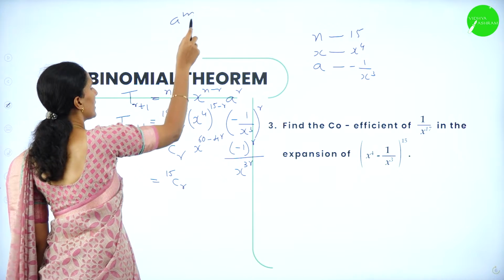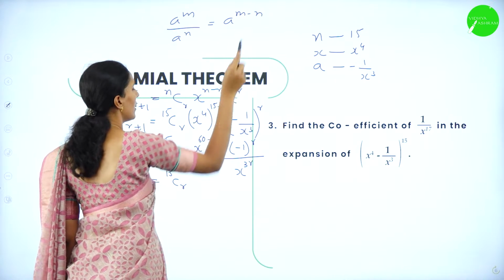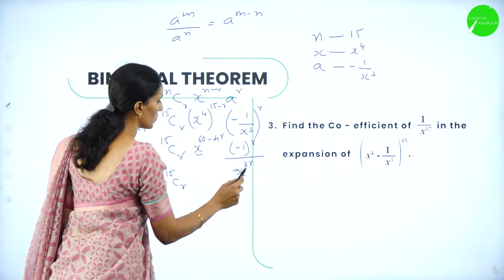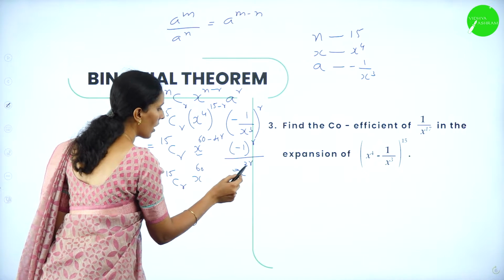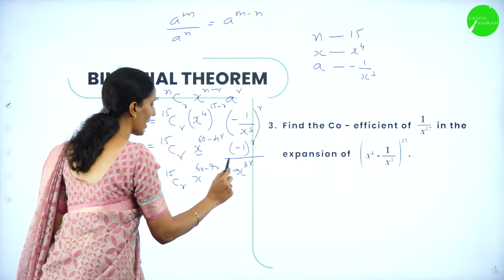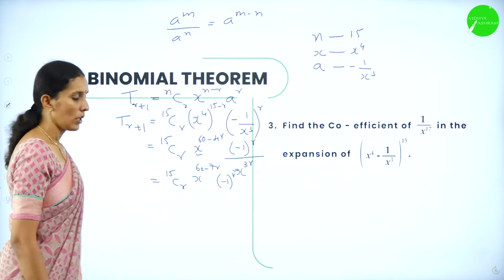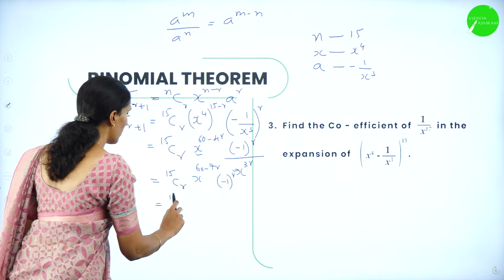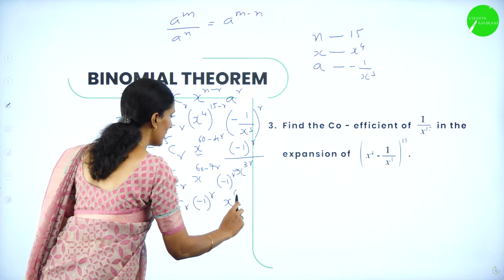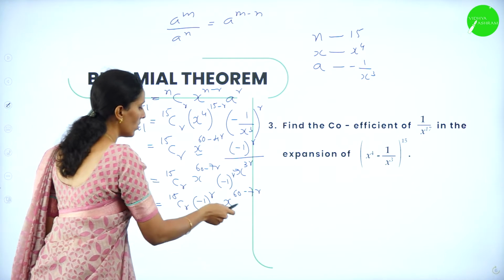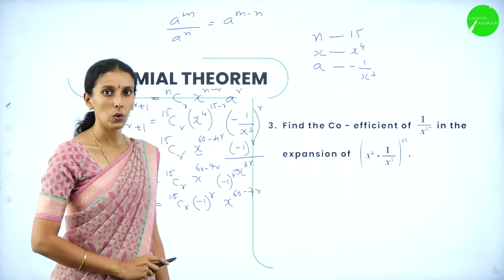Remember, a power m by a power n can be written as a power m minus n. The same rule is applied here. So this becomes x to the power 60 minus 4r minus 3r, which is minus 7r. Along with this, you have minus 1 whole power r. So separate this: 15 CR, minus 1 whole power r, x to the power 60 minus 7r. So separate numerals along with the variables, so it is easy to find the coefficients.